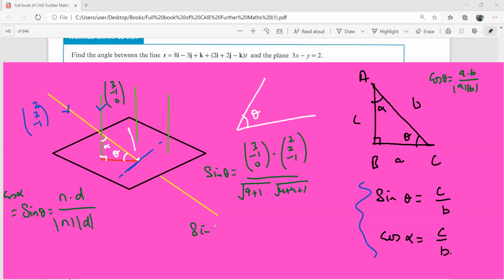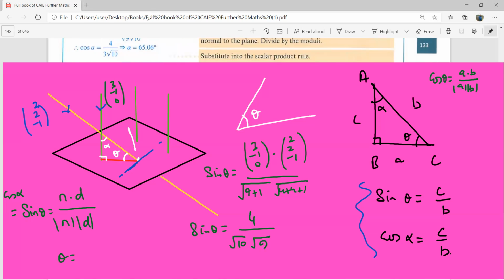So sine theta is going to be 6 minus 2, that is 4, over root 10 times 3. Please find this angle quickly and let's check our answer. Theta is going to be sine inverse of 4 over 3 root 10. Tell me what is the answer. Meanwhile, I take it out from here. This should be 65.06. Is it?